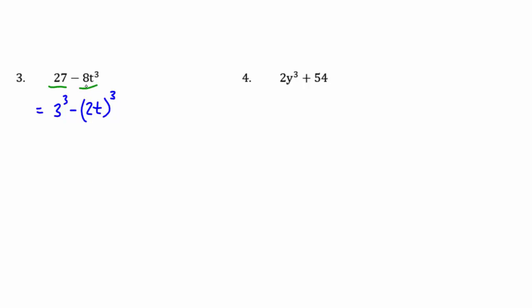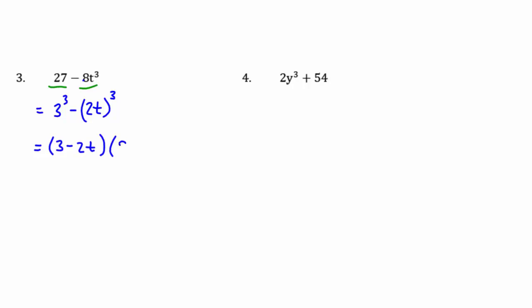Make sure when there's a coefficient, you look and see what is the cubic term. Some people leave this 8 in there, and that's going to mess up the entire picture for us. Remember, 8t cubed is the same as 2t quantity cubed. So when you look at this, first we drop off the cube, so it's 3 minus 2t.